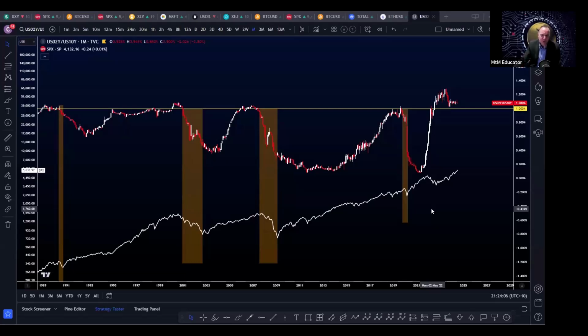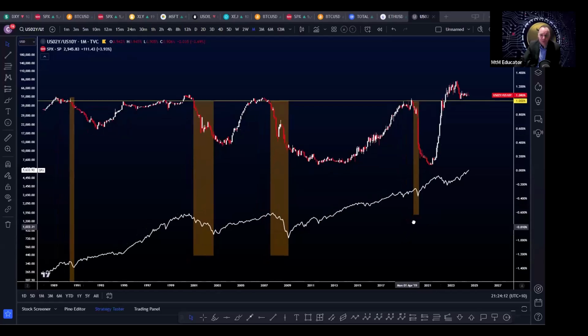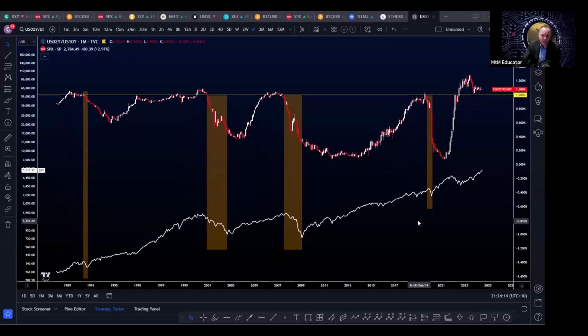So everything points to Q4 2024 and 2025 being incredibly good, but then we are going to be faced with a hell of a headache at some stage, which will probably be 2026, 2027.